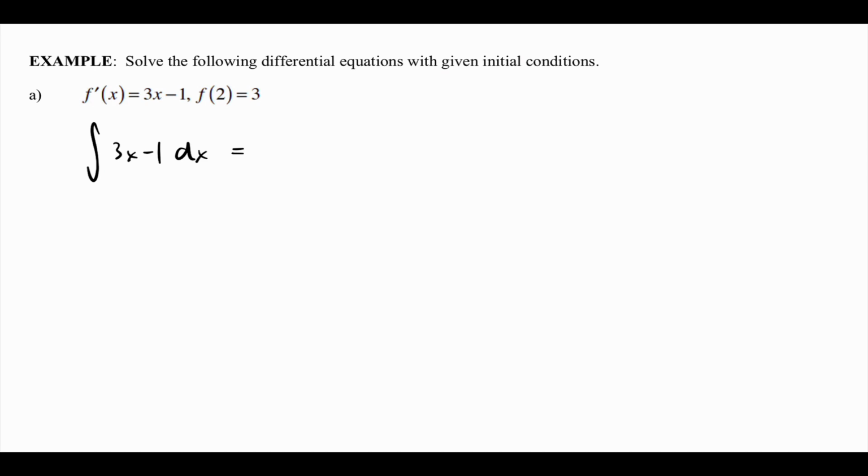That's just power rule. So we're going to add 1 to the power, divide by the new power. Okay, so 3 over 2 x squared minus x, or minus 1x, plus c. That's where we've stopped. But they're giving us a little bit more information. So we have f of x right now.